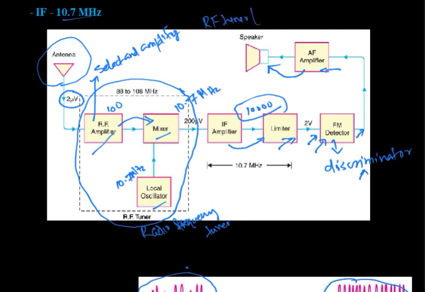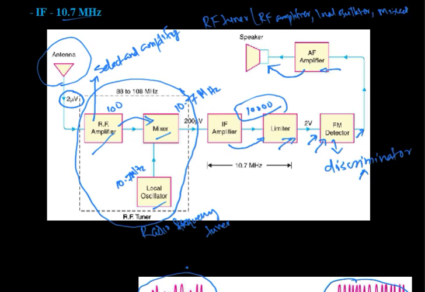RF tuner actually consists of the RF amplifier with a tuned circuit, the local oscillator, and the mixer circuit.